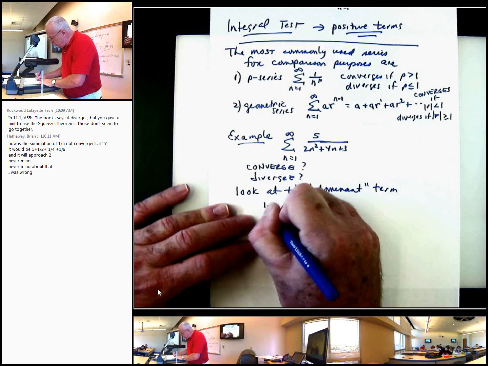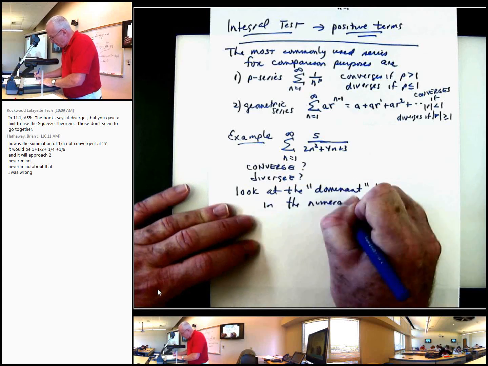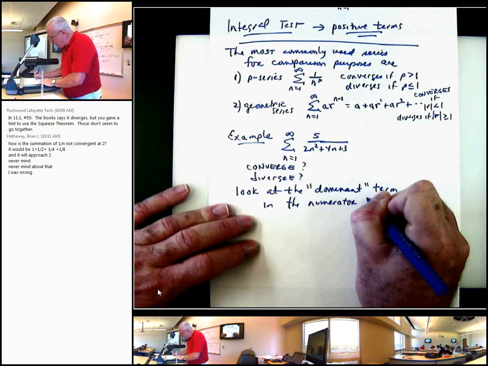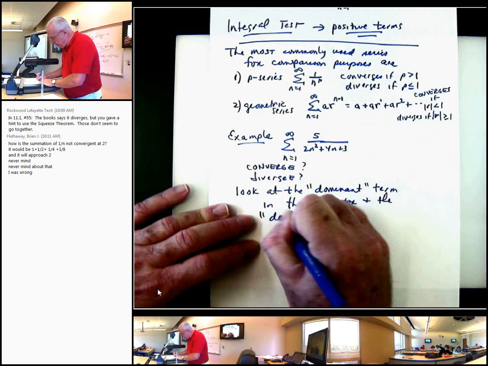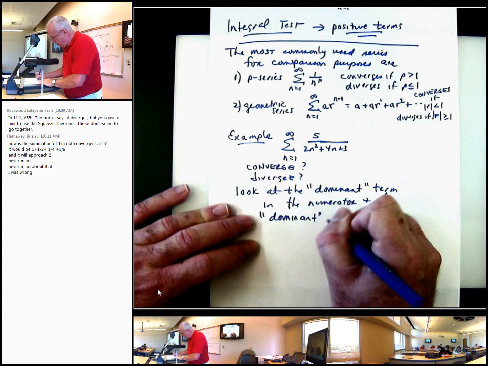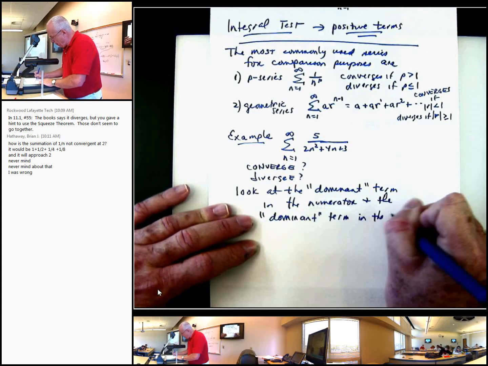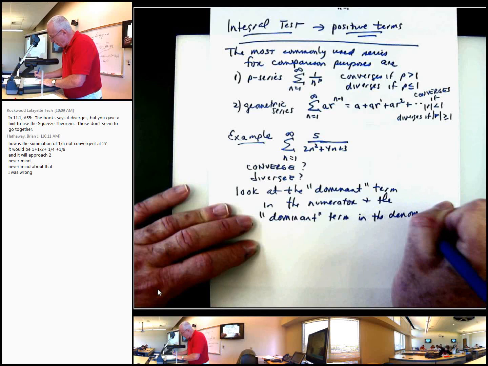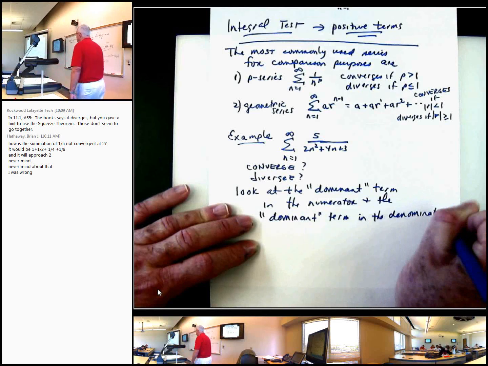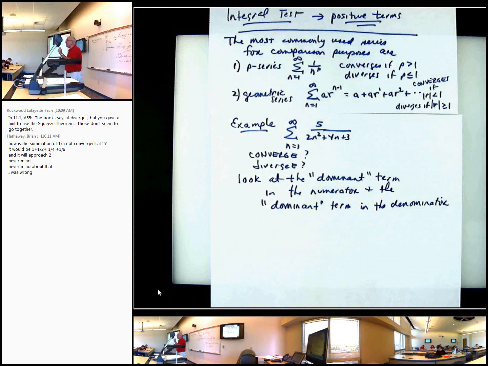The dominant term in the numerator and the dominant term in the denominator. And by dominant term, what we're really meaning is the term that has the biggest power, the biggest exponent.